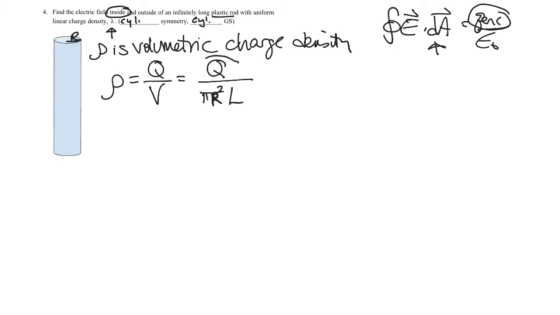And so I'm going to notice that Q over L is lambda, okay? So I can write rho is lambda over pi r squared, okay? So that's going to be useful. Basically, rho is proportional to lambda, and then there's just a factor of that area of the cross-section of the cylinder. Okay, so we're going to kind of hold that in our back pocket, all right? So let's start again.